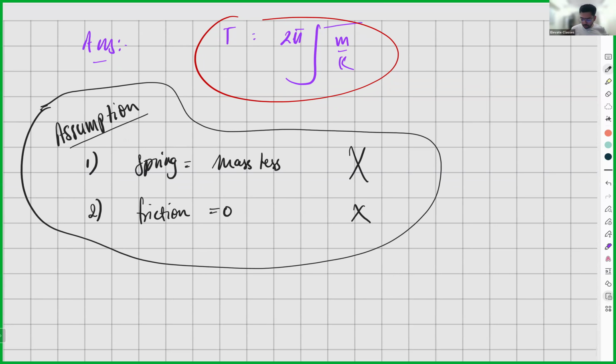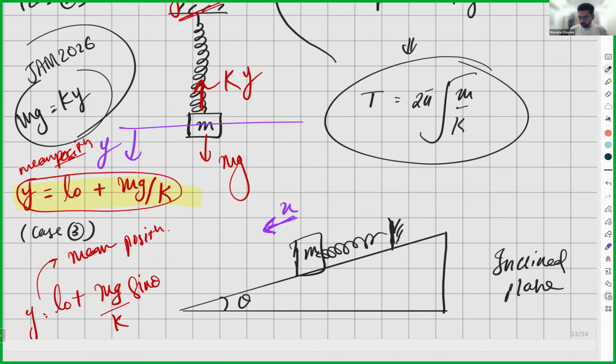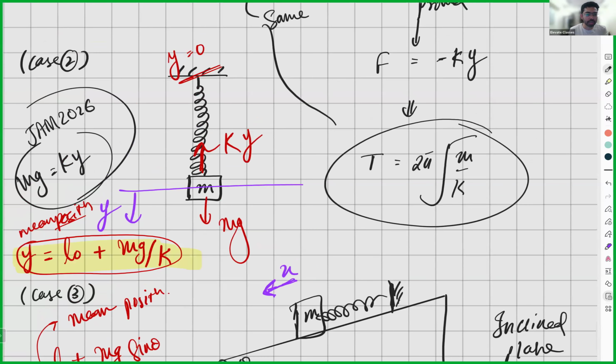When you have this kind of non-ideality in the system, then you can use the energy method to get the time period. Finally, the thing that we calculated was the time period, right?